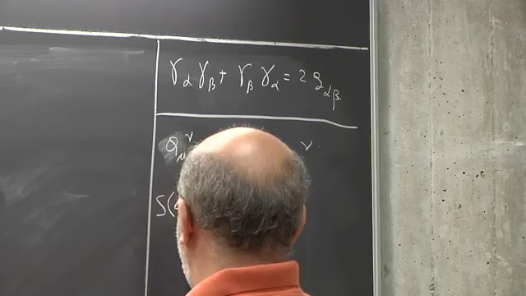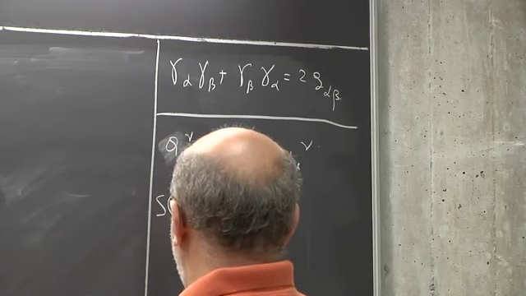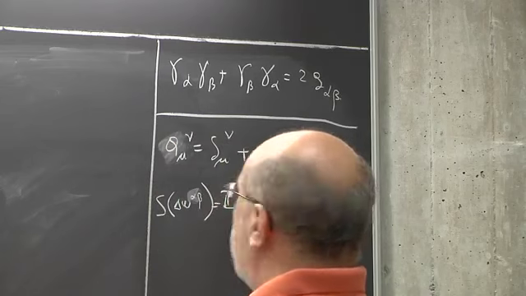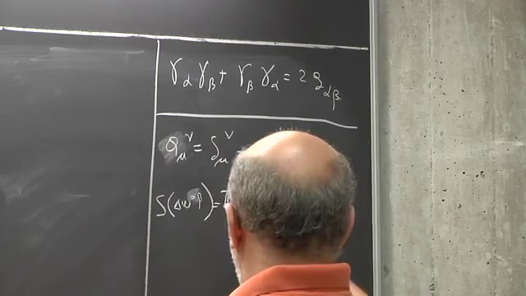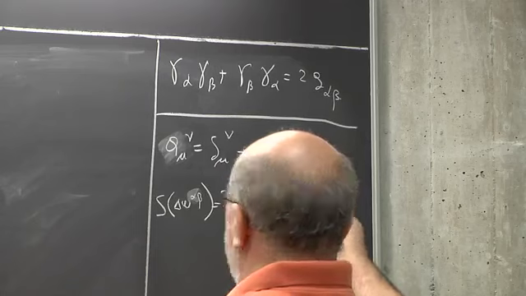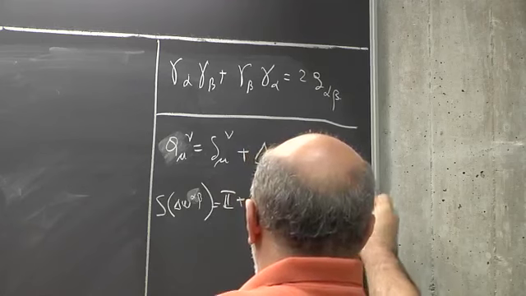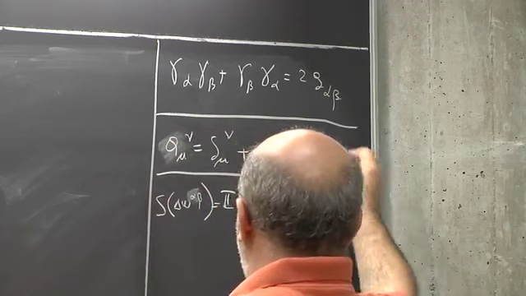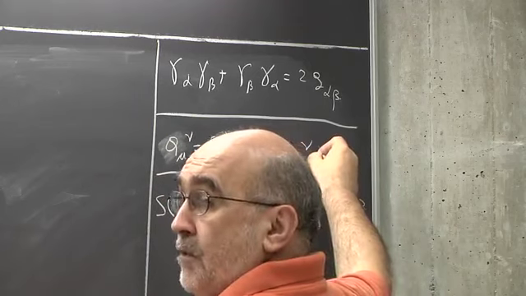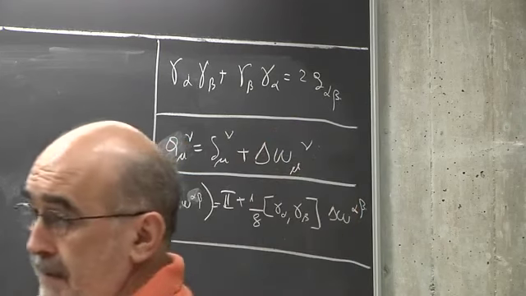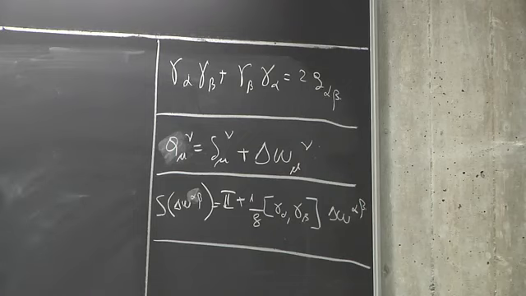So S of delta omega alpha beta is equal to the identity plus 1 over 8 gamma alpha gamma beta delta omega alpha beta. Okay, so we have the transformation in space-time, the infinitesimal transformation A mu, and we have the transformation for the wave function.